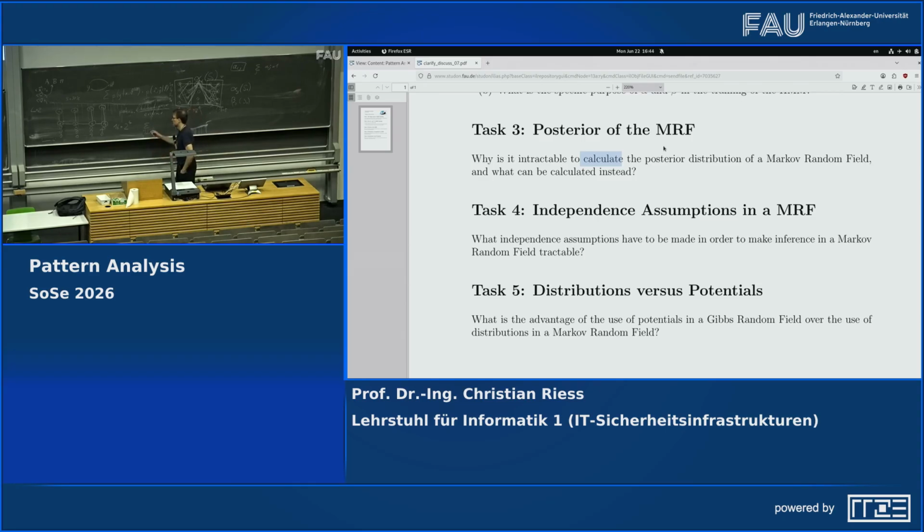No, but if we say we have number of labels raised to the power of variables, this means if the number of variables is what is increased, then the order of growth of this expression is exponential in the number of variables.